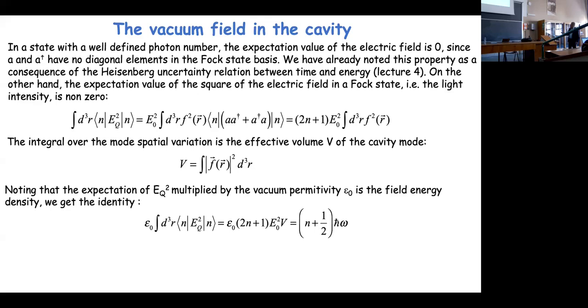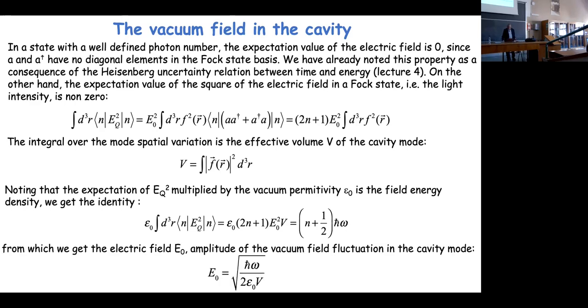And we know that the energy of a field which contains n photons is just (n plus 1/2) h bar omega. So from this equality here, you obtain E naught squared. E naught squared is just obtained by equating these two expressions. And you find that E naught, which is the square root of h bar omega over 2 epsilon 0 V, is the amplitude of the vacuum field.